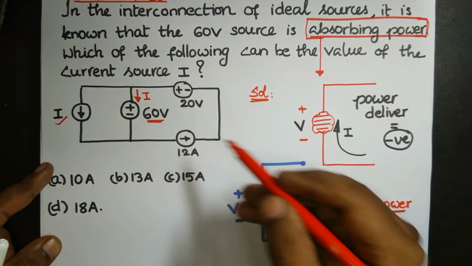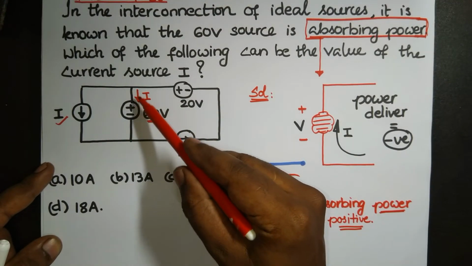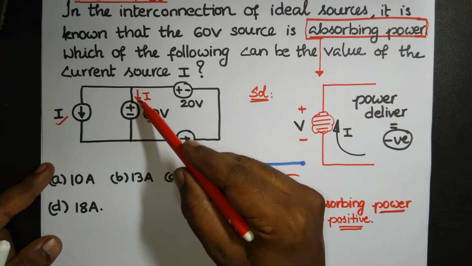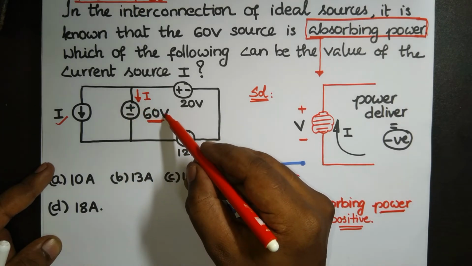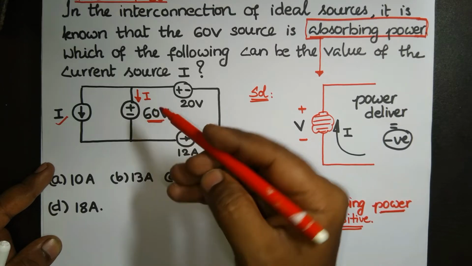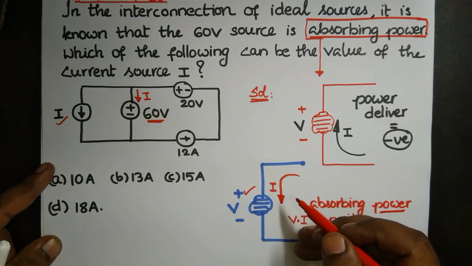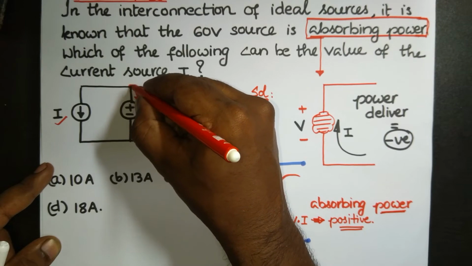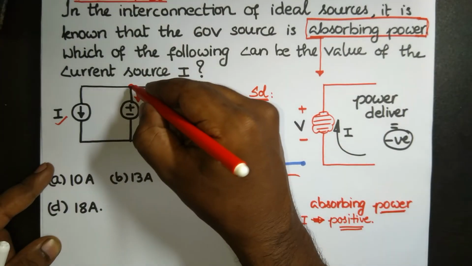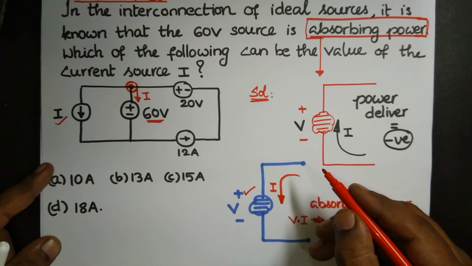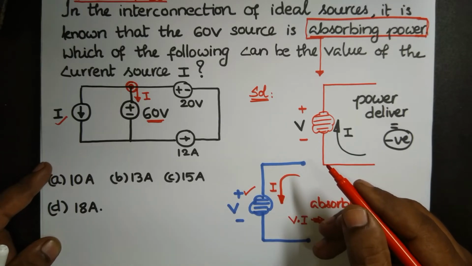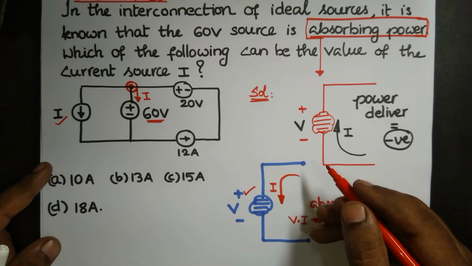Now here, we have decided the direction of current like this. Current is entering at this positive terminal, so that means this 60 volt source is absorbing power. All right, so here we have KCL. First of all, at this node, Kirchhoff's current law must hold. What is Kirchhoff's current law here? Conservation of charge at a node.